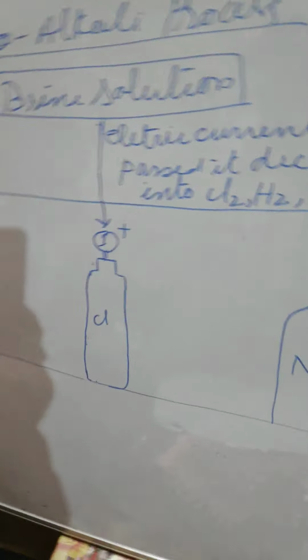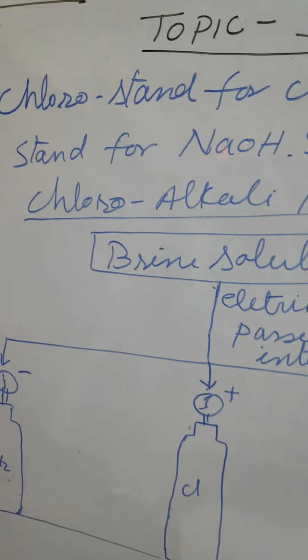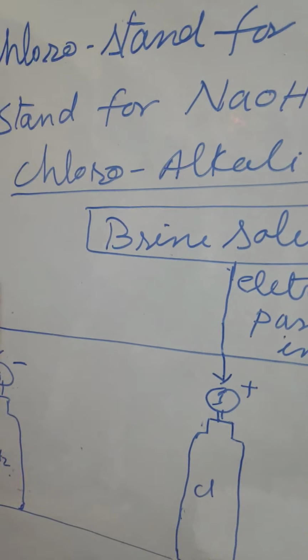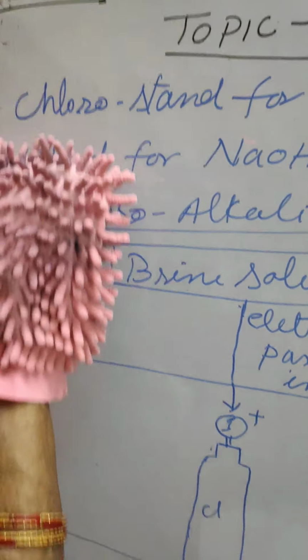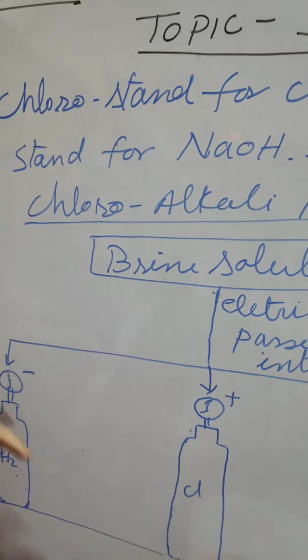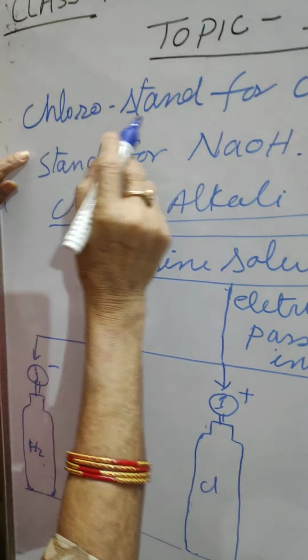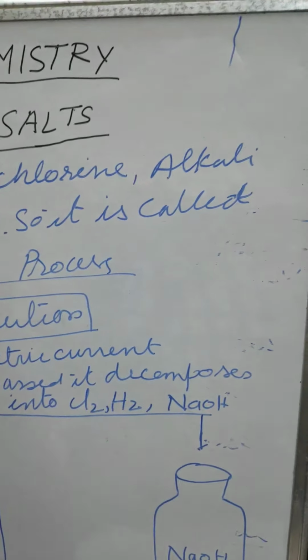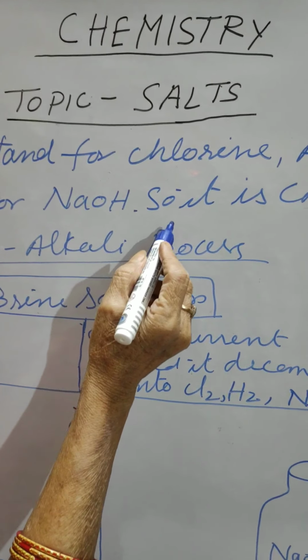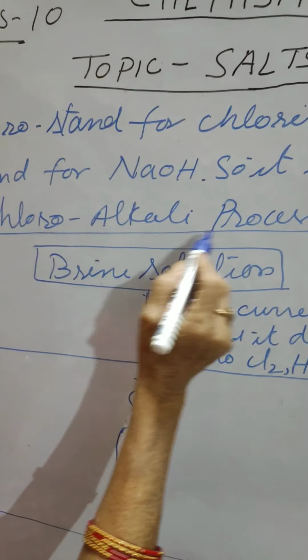Now it is clear. Chloro stands for chlorine and alkali stands for sodium hydroxide, so it is called the chloro-alkali process.